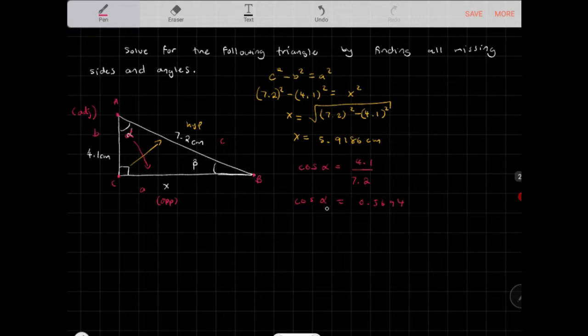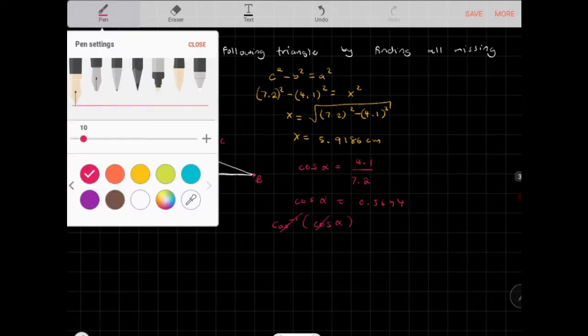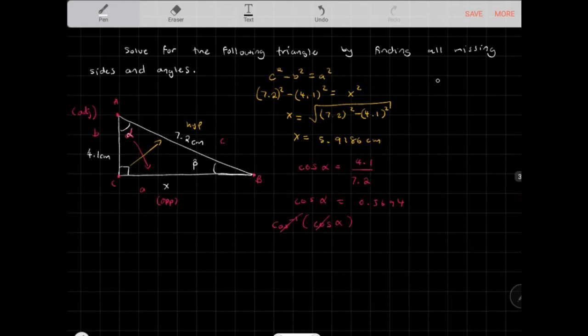Now, in order to solve for alpha, I need to get rid of this cosine, and we do something called an inverse. It's called the cosine inverse. We do the cosine inverse of cosine alpha, and this actually cancels out the cosine. So each function has its own inverse, right? If you do the sine inverse of sine theta, then you basically get theta.